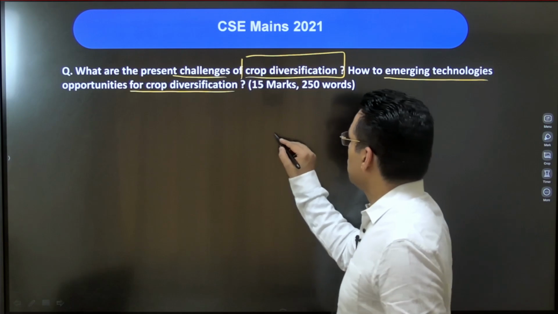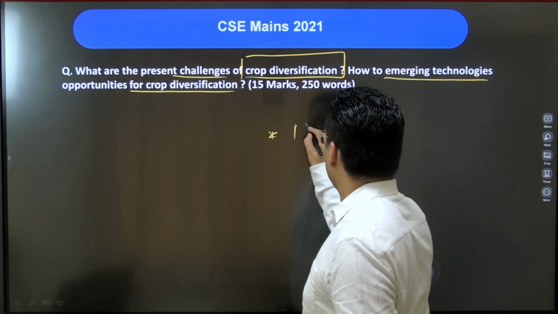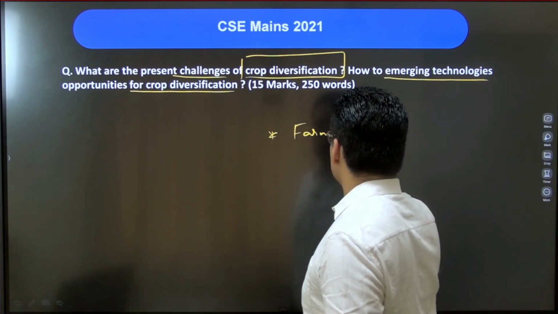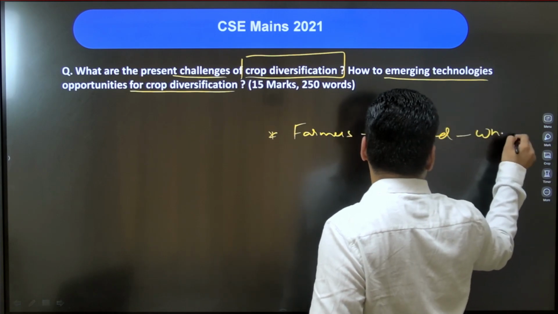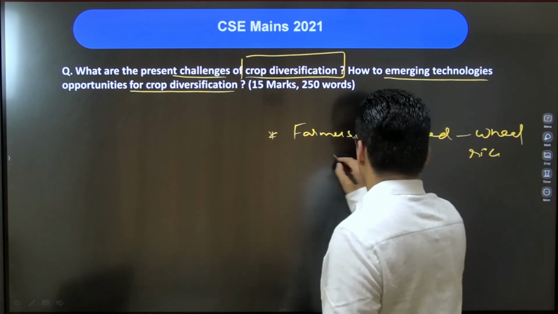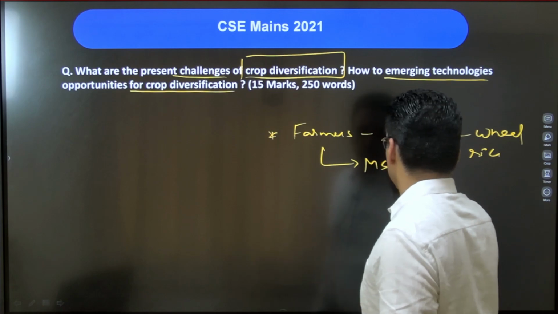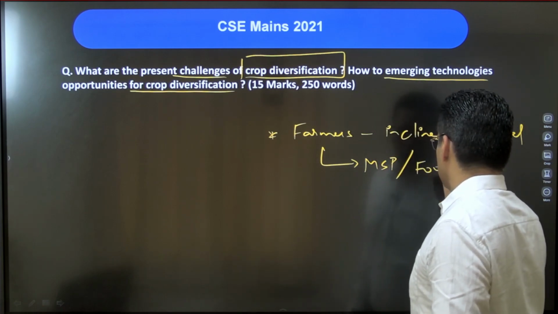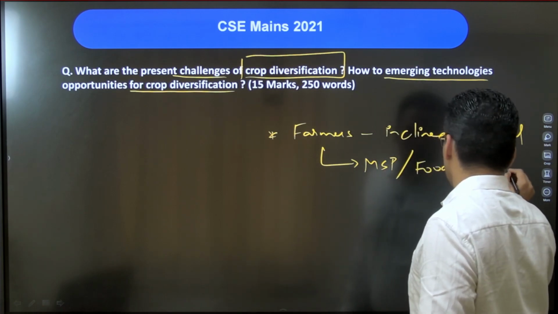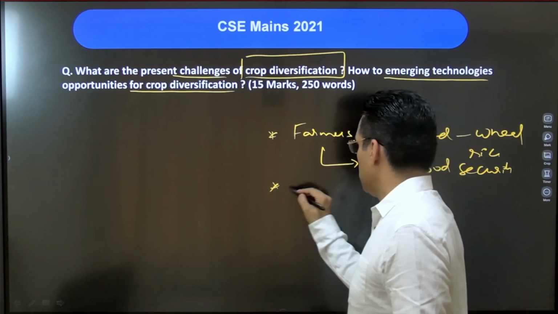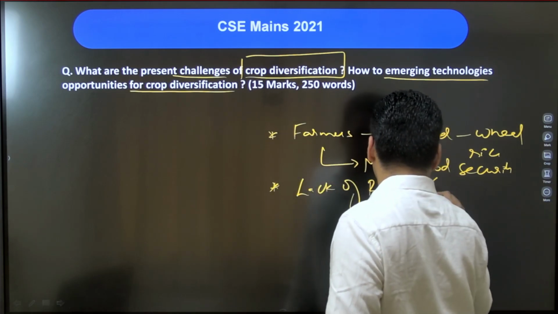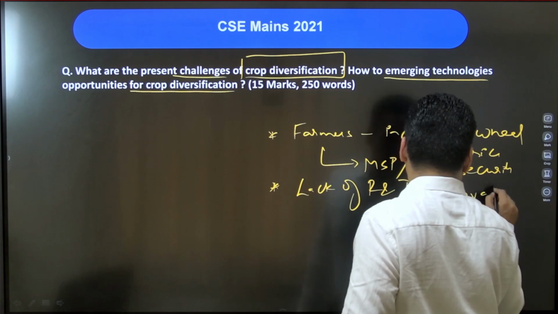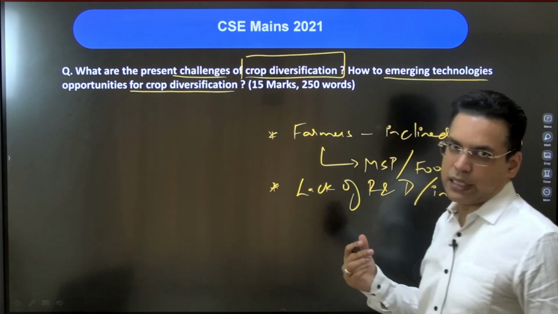Farmers are inclined towards wheat and rice. Why wheat and rice? MSP and food security. Second is lack of R&D and innovation in the areas of non-wheat and rice.